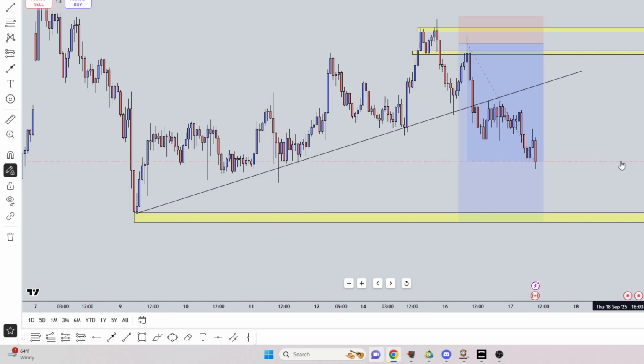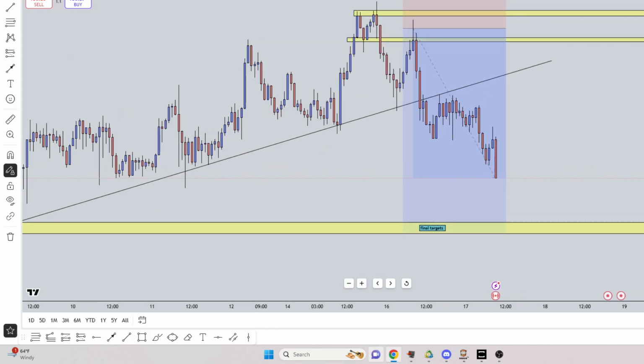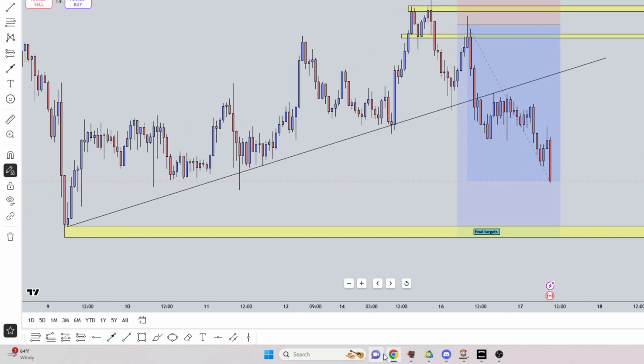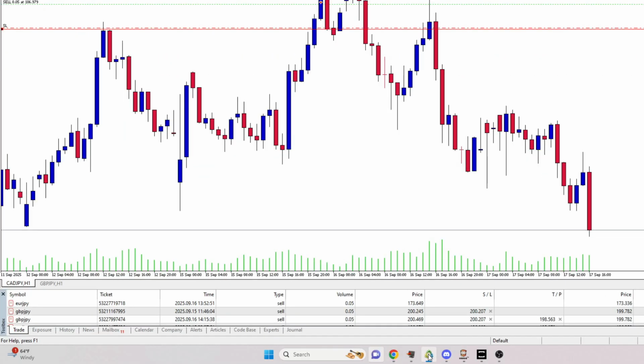We felt confident to hold this to targets because we still had more confirmations on this market to continue to sell. So with the break of that initial trend line, it gives us a strong idea to continue to hold until our final targets, because we have strong indications already from the clues that are being left behind by the market. And as we are watching this, it is just pushing lower and lower and further into profits for us.